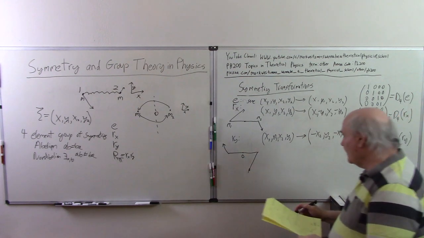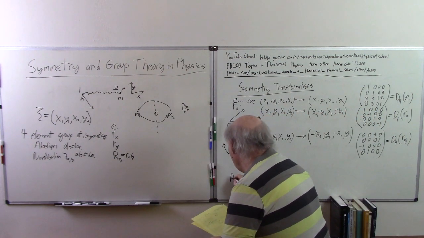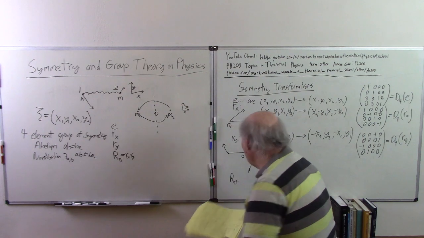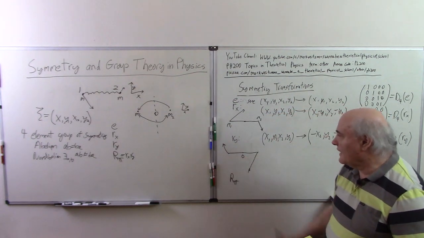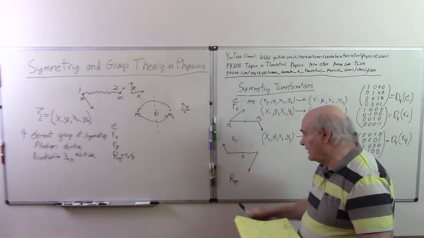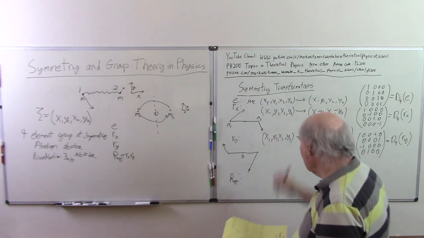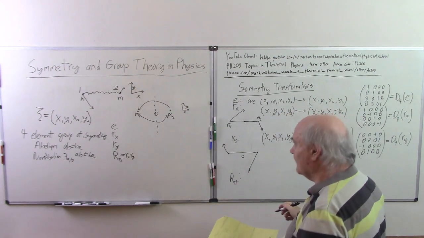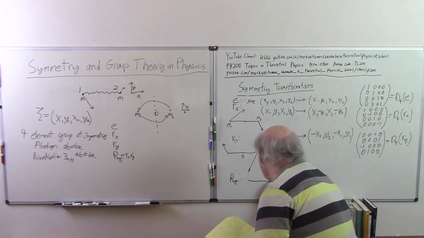Okay, and then our final one is rotation. In these videos I'll try to use small r for reflections and large R's for rotations, and I'll usually attach the angle to the rotations. What happens here is not too hard to see. Let me draw it here.